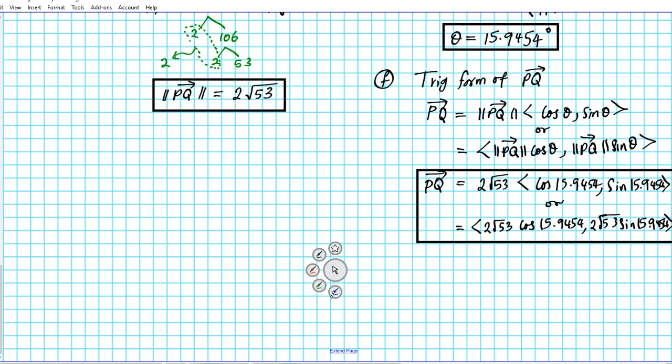All right, let's go ahead and graph the vector. We're not just going to graph, we're going to also label everything that we need for this particular vector. All right, so we're just going to make a coordinate system. We have a point in quadrant 3 and another point in quadrant 4.